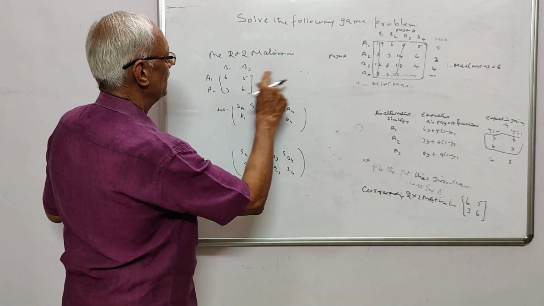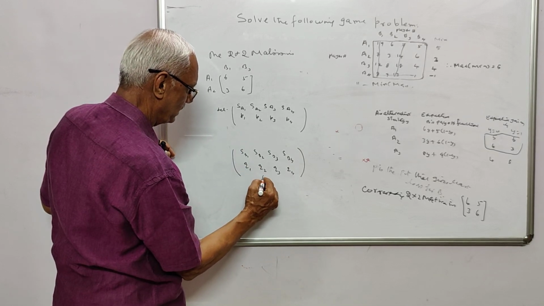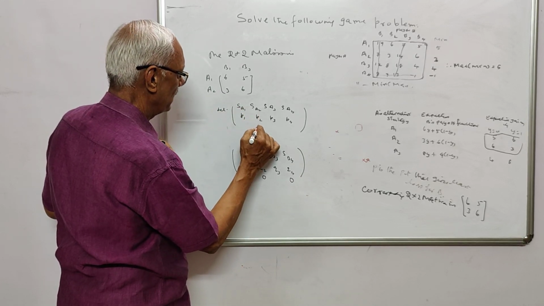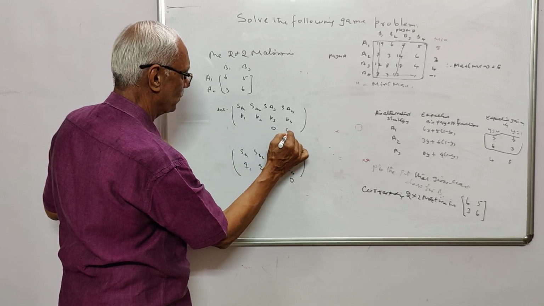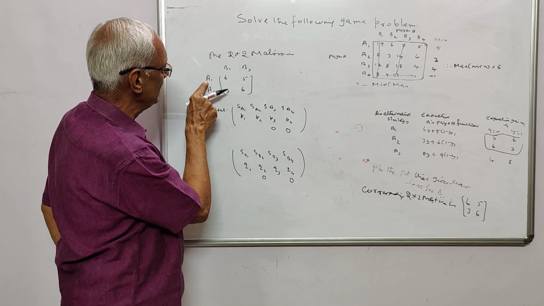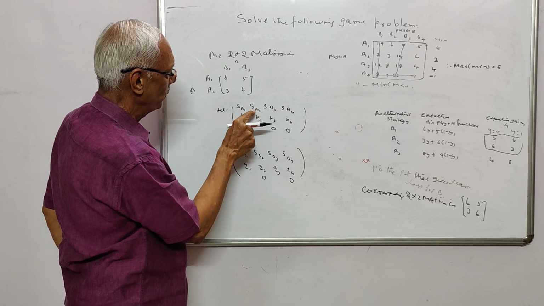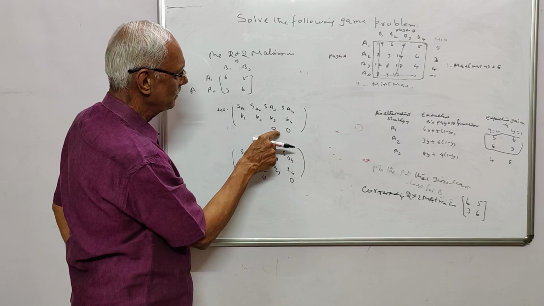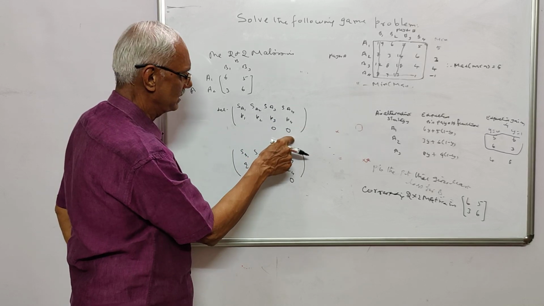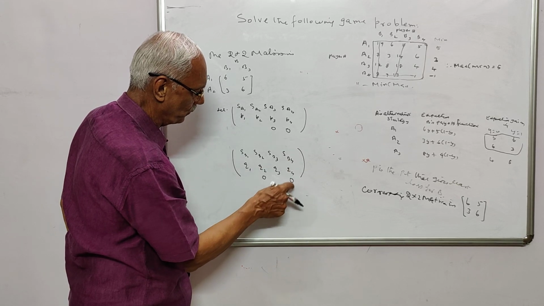Now you see that B1 and B3 are only used. So here B2 is 0, B4 is 0. And A is using A1 and A2, A3 is 0, A4 is 0. Therefore A1 and A2 will remain. The probability of strategy A3 is 0, the probability of A4 is 0, and likewise the probability of B2 is 0, the probability of Q4 is 0.